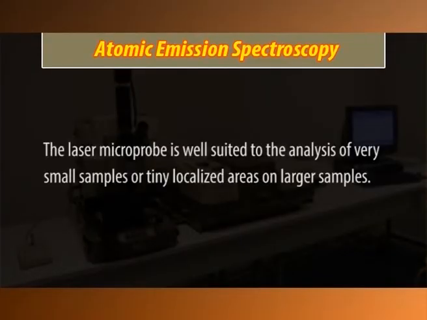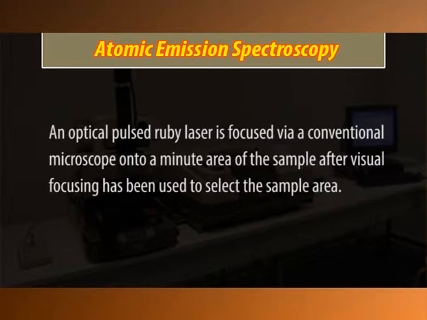Microprobes. The laser microprobe is well suited to the analysis of very small samples or tiny localized areas on larger samples. An optical pulsed ruby laser is focused via a conventional microscope onto a minute area of the sample after the visual focusing has been used to select the sample area.